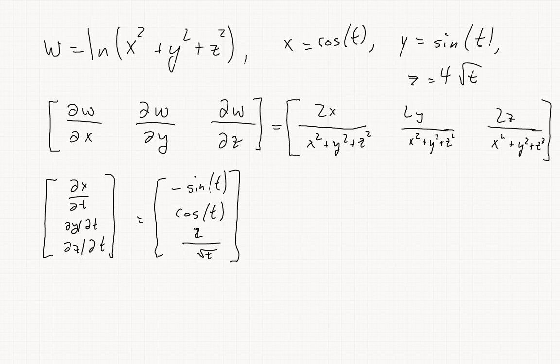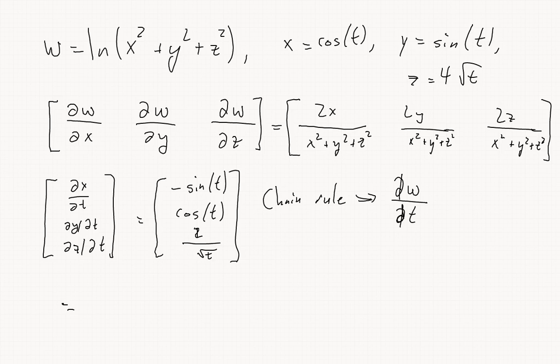Right, and so now the chain rule will give that del w over del t, or I guess since now this is just one variable, we could even just write dw over dt.